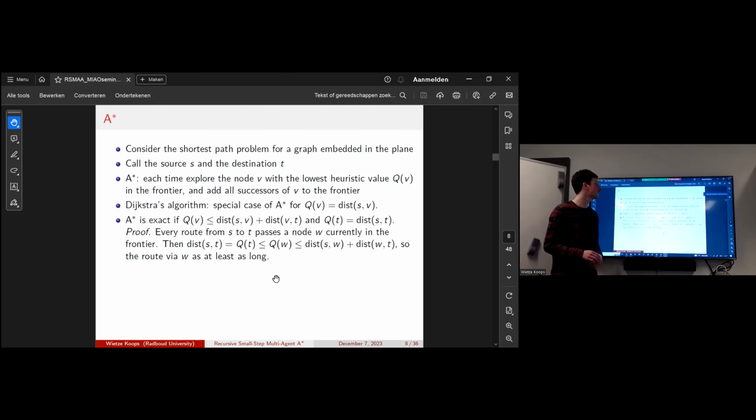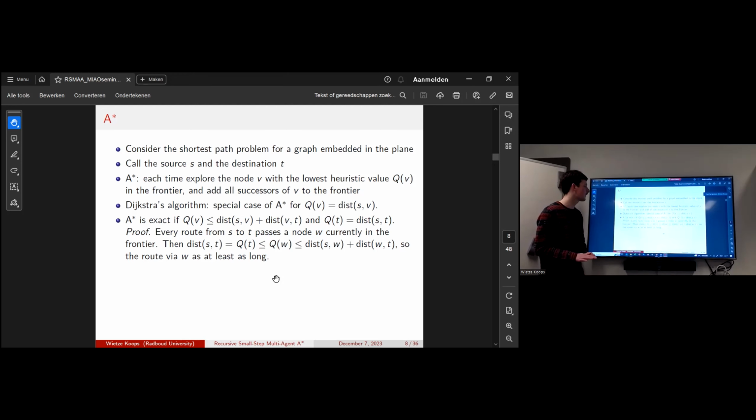In this case, I only have one destination, but if I have multiple destinations that I might want to reach, it has to be exact on all these terminal nodes when I found the whole route. If this is the case, we call the heuristic admissible.